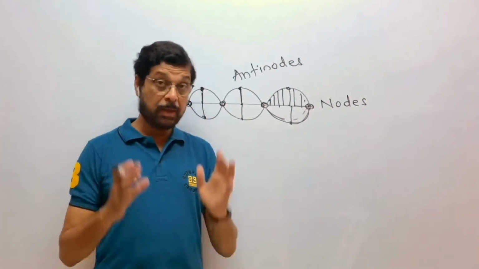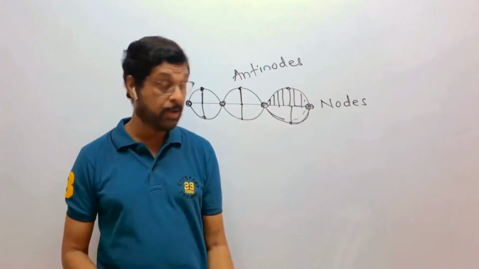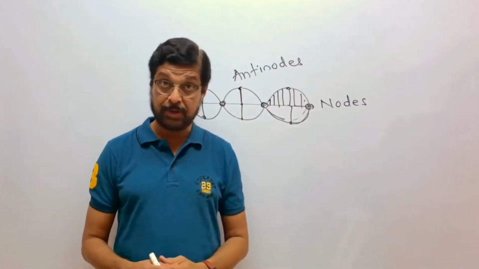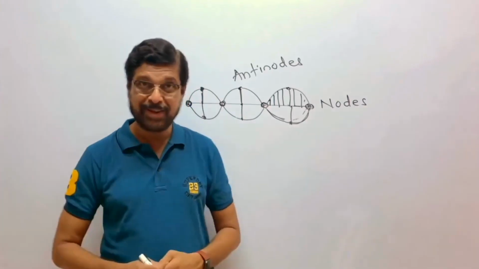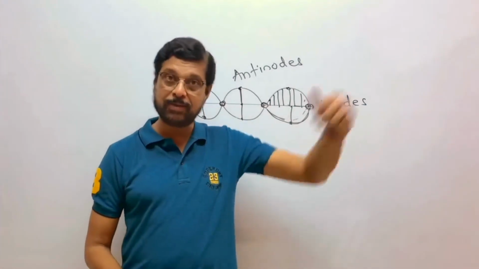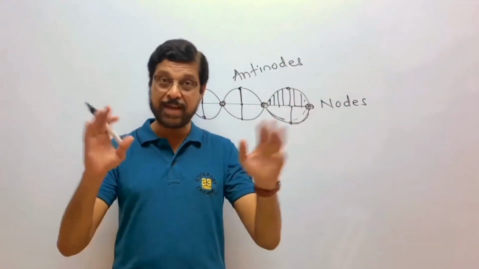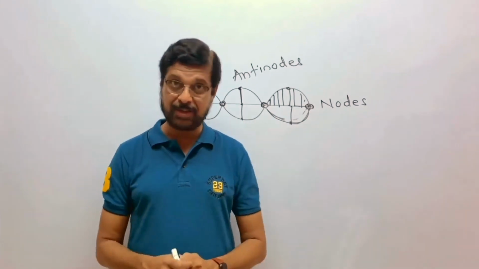And the big difference between a progressive wave and a stationary wave is in its name. Progressive wave is progressive, it is always traveling forward, and stationary wave is stationary, standing, it is localized.